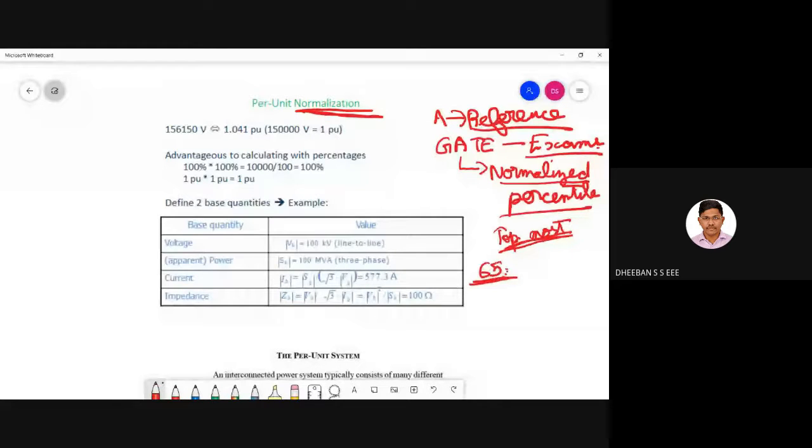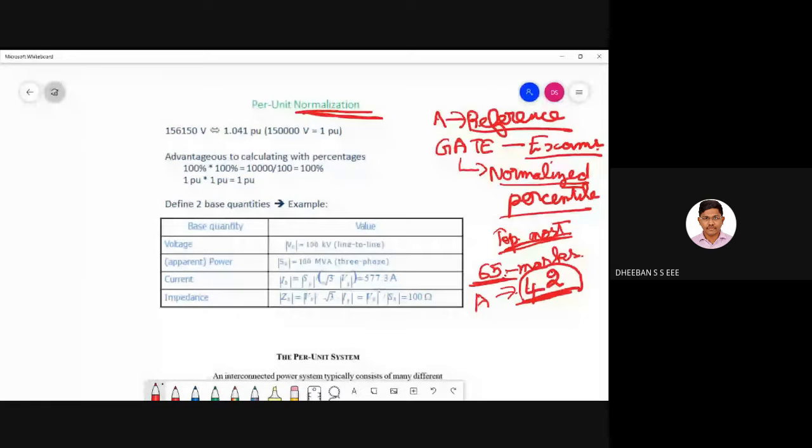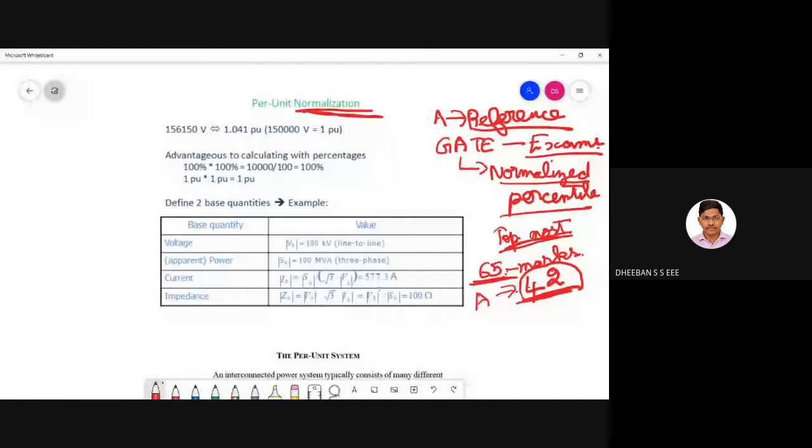If candidate A scores around 42 marks, this mark is taken as the reference, and based upon this reference, they calibrate the other marks. I hope you can catch the point.